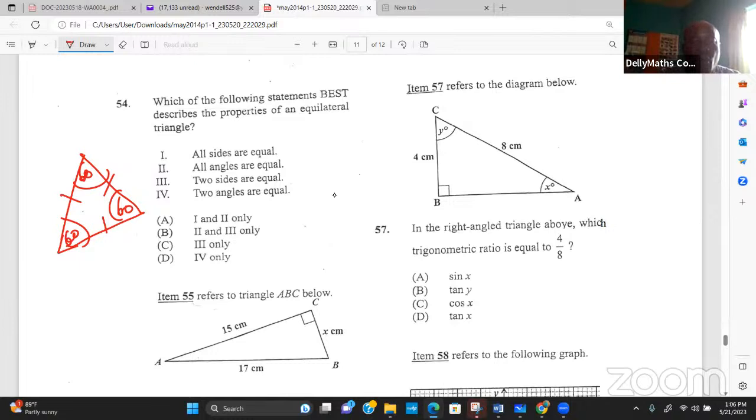All sides are equal, I agree. All angles are equal, I agree. Two sides are equal, two angles are equal? No. So I agree with 1 and 2. It's dealing with all sides and all angles being equal.